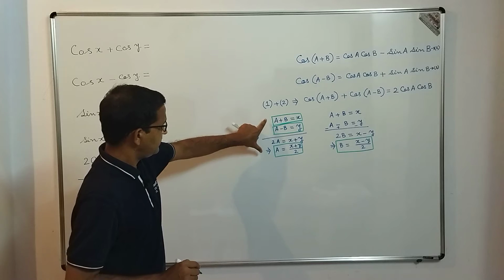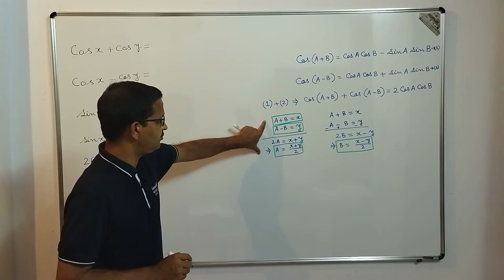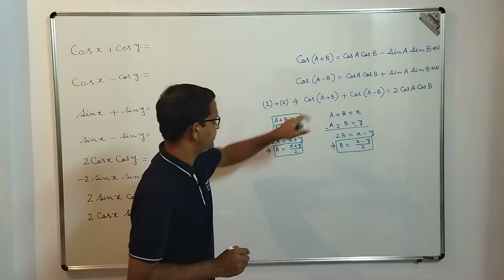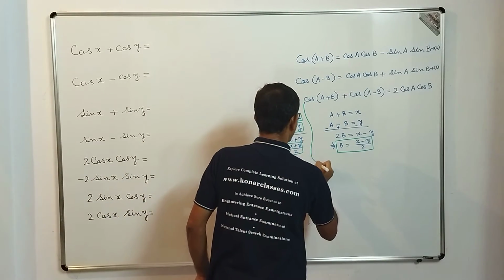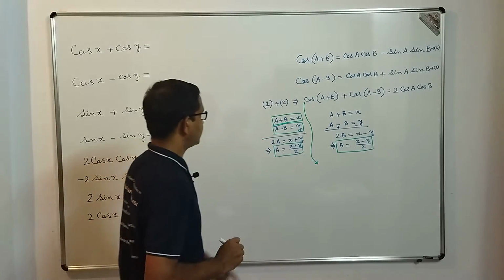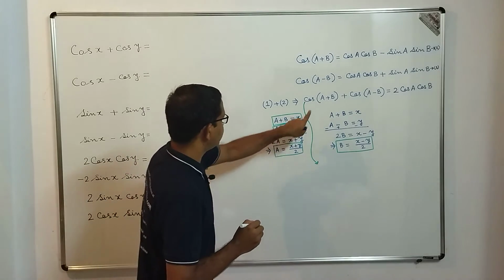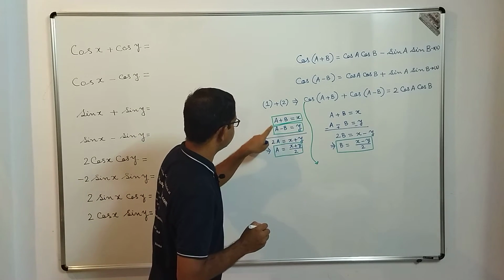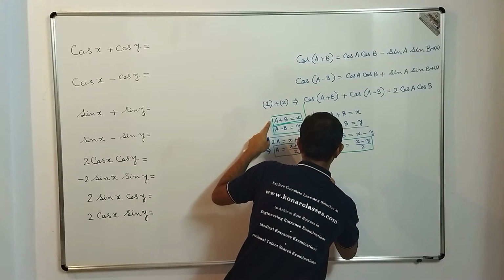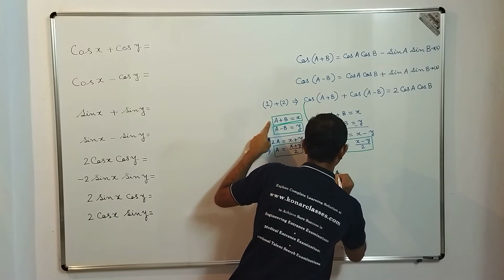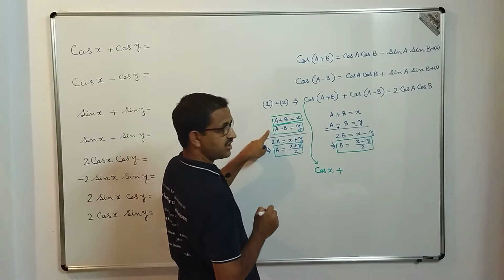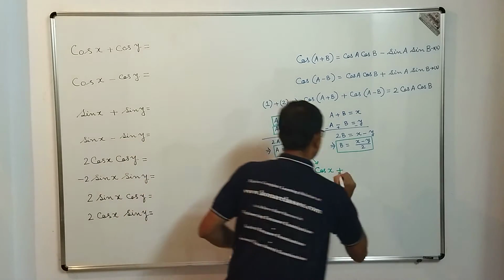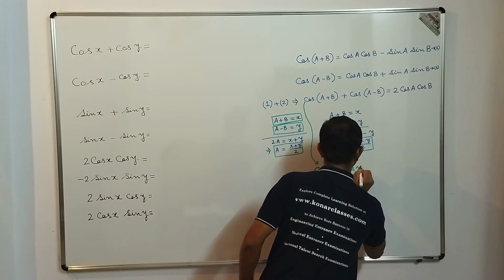अभी देखिए ये जो values हमको मिला है, the values whatever we get, we are going to apply it here. So if we apply this value here, we are going to get cos of A plus B. Instead of A plus B we can write x. So that is cos x plus cos A minus B. Instead of A minus B we are going to write y. So that is cos y.